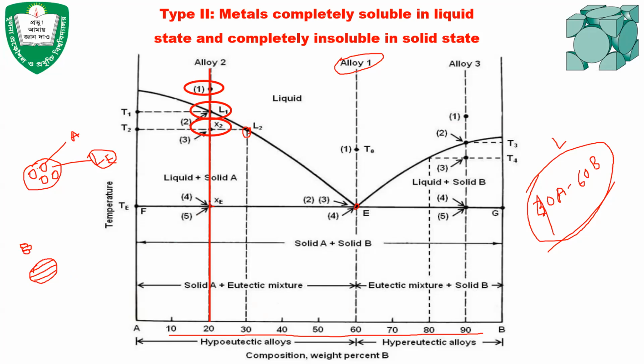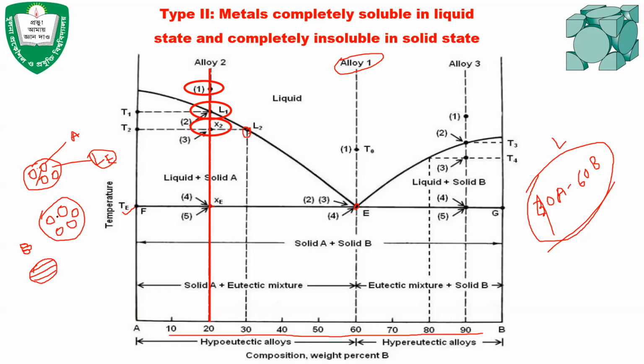So after the solidification is complete, the temperature will still be at TE. If we look at the microstructure, it will have the pro-eutectoid solid A. That means the solid grains of A that have already been produced from temperature T1 to TE will remain the same, unchanged.